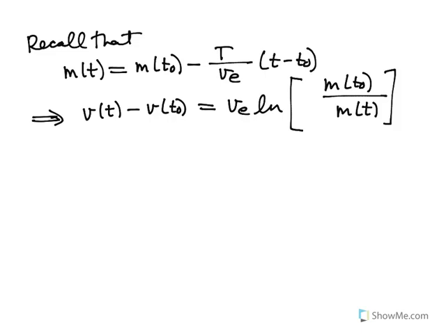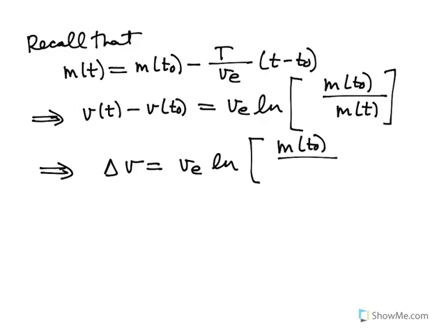Now this last result can be written in the following form. Delta V is equal to VE times the natural log of m of t0 divided by m of t.